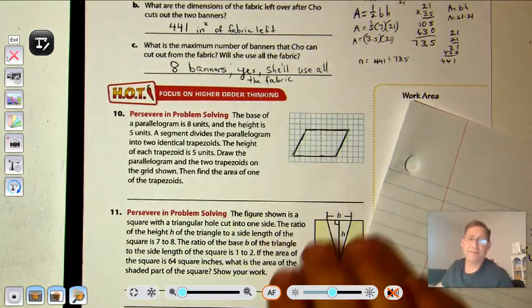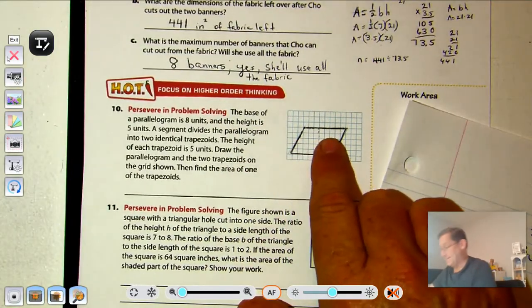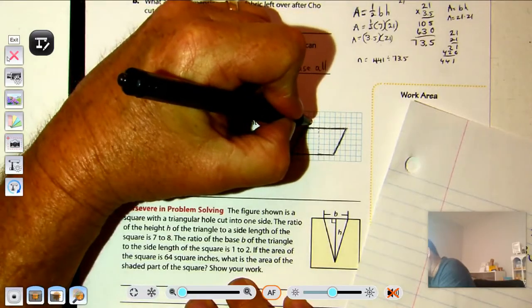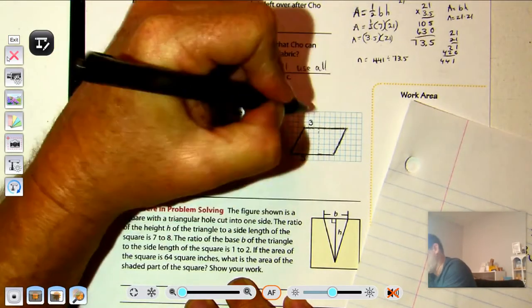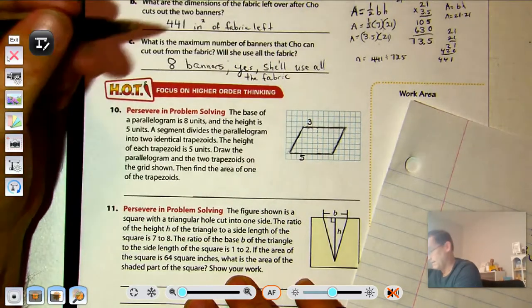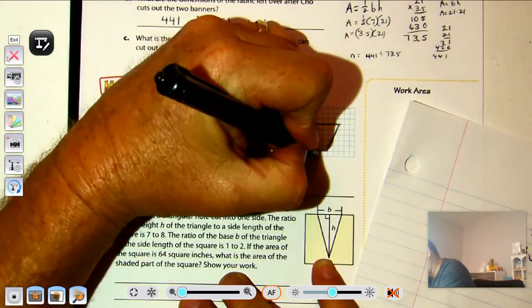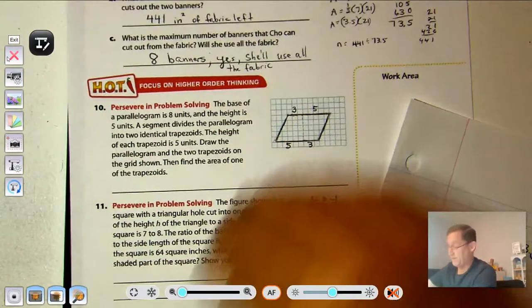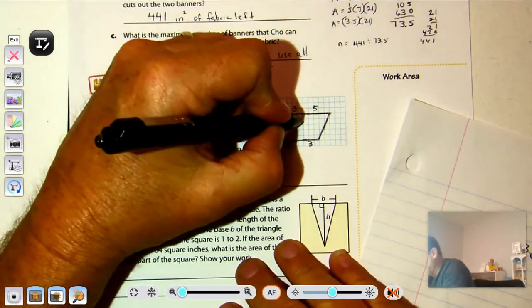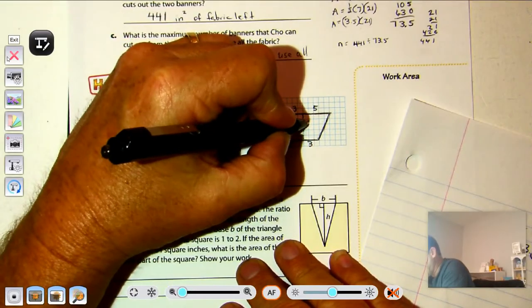So we know our base has to be 8. So if I break it into this one having a base of 3 and a base of 5, and this side 3 and this side 5, we get a base of 8, and then we have a height of 5.